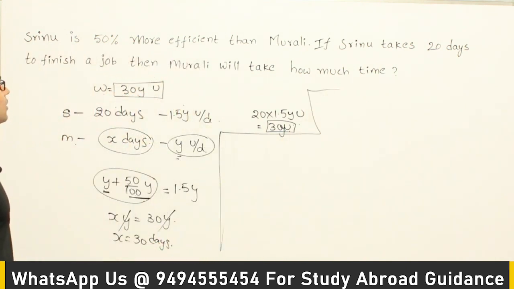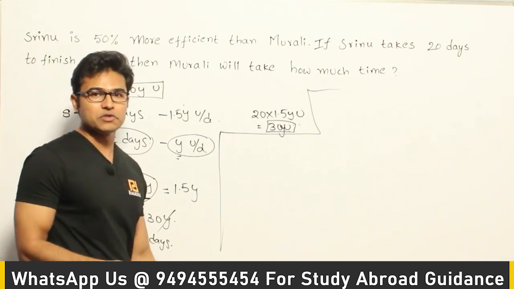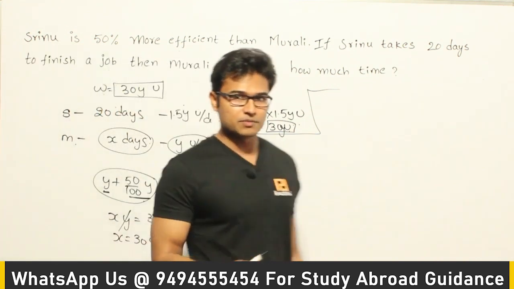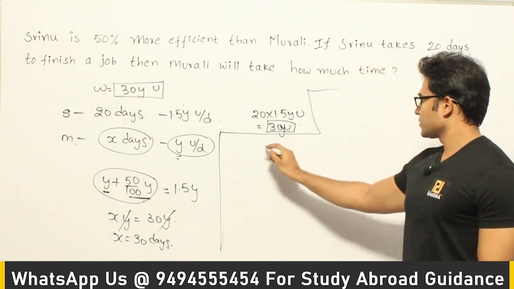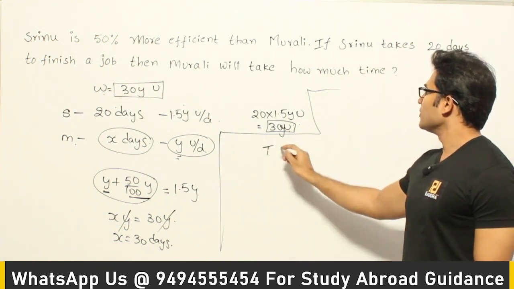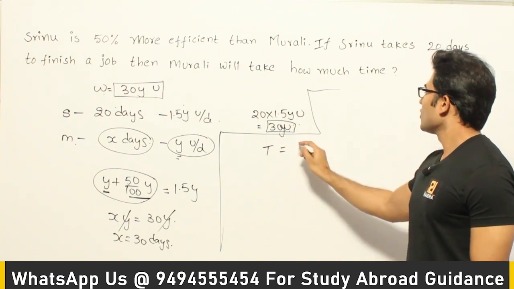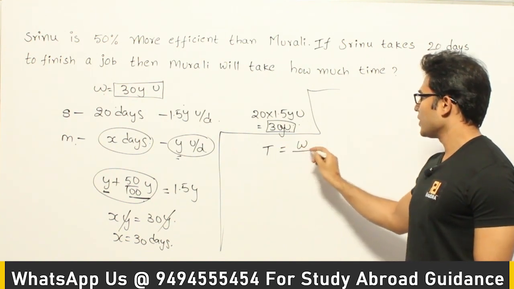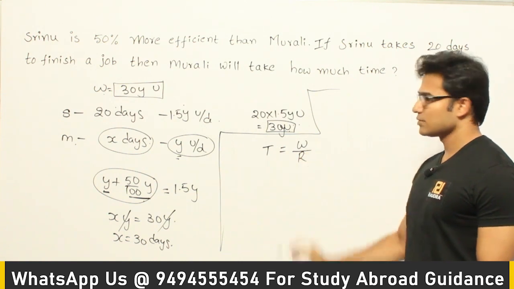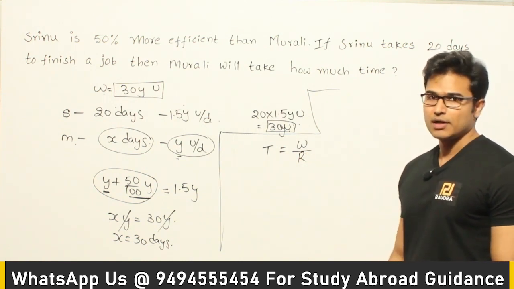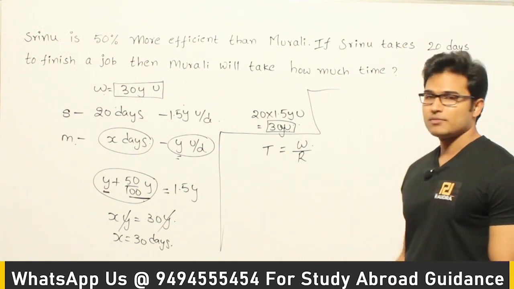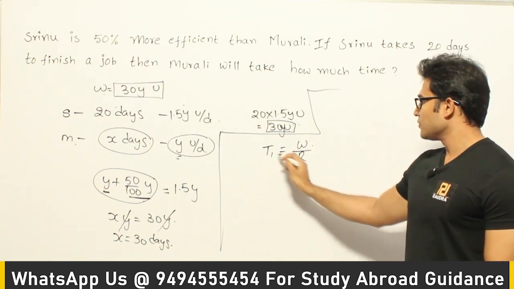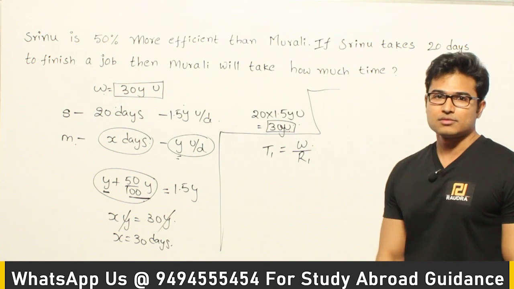Now see this. What is the relation between time taken and the efficiency? Efficiency is nothing but the speed, isn't it? The time taken to finish a project will be equal to total work divided by the rate at which he is doing the work, right? And now since for both of them the work done is the same, you can assume this way: T1 equals W by R1, right?